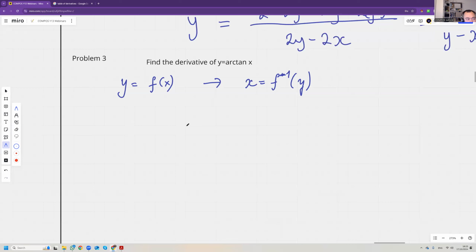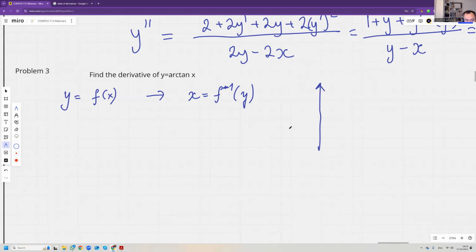And it turns out that if you take a graph of a function and its inverse, well, you know that if this is f of x, this is f minus 1 of x.